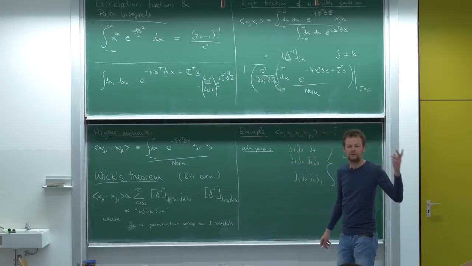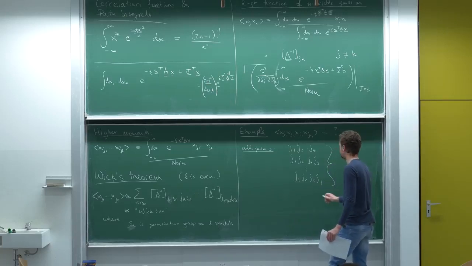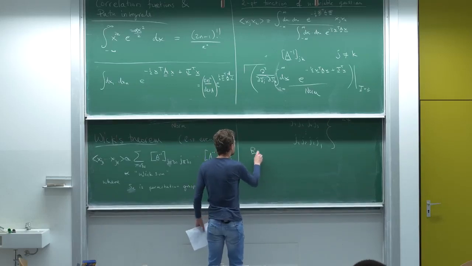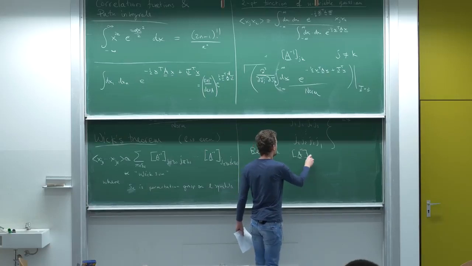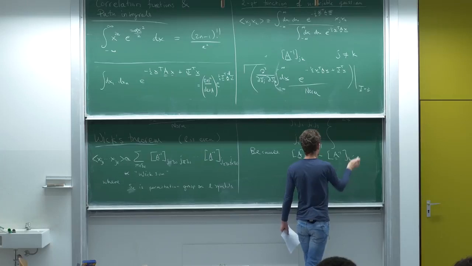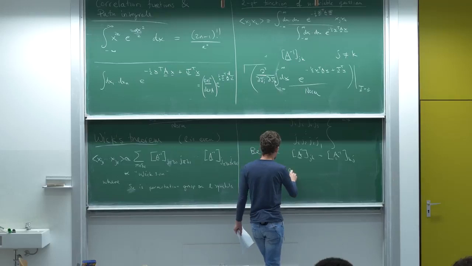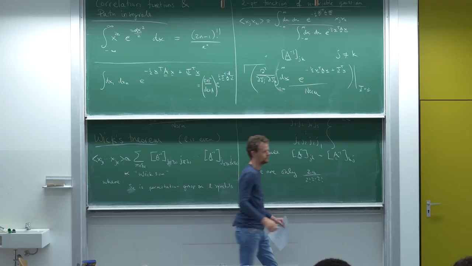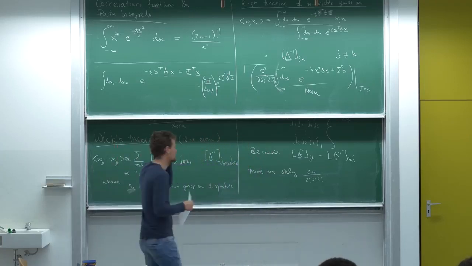So you've got to divide by this overcounting to find the number of unique terms that you have to worry about. There's actually only 24 divided by 8 unique terms.